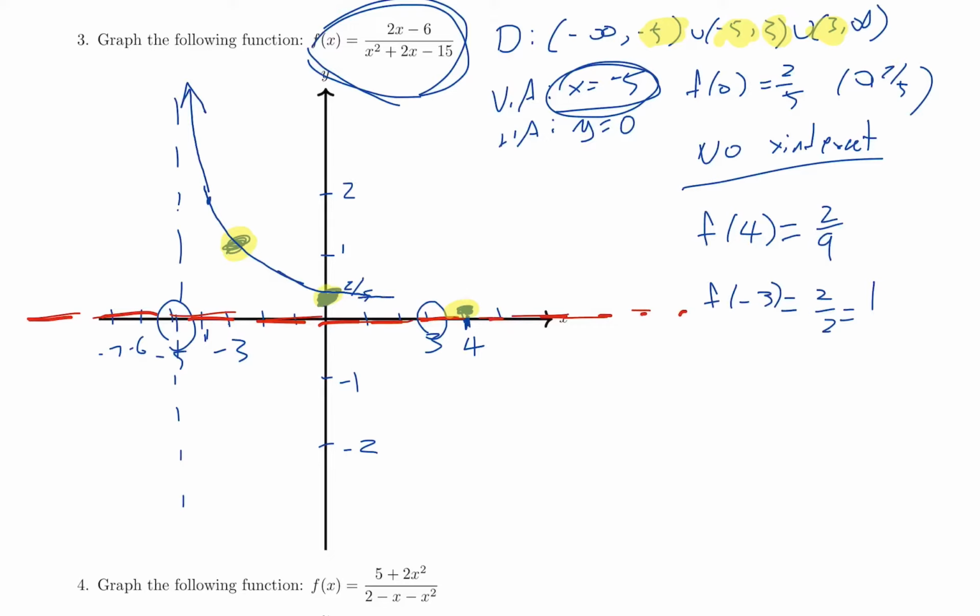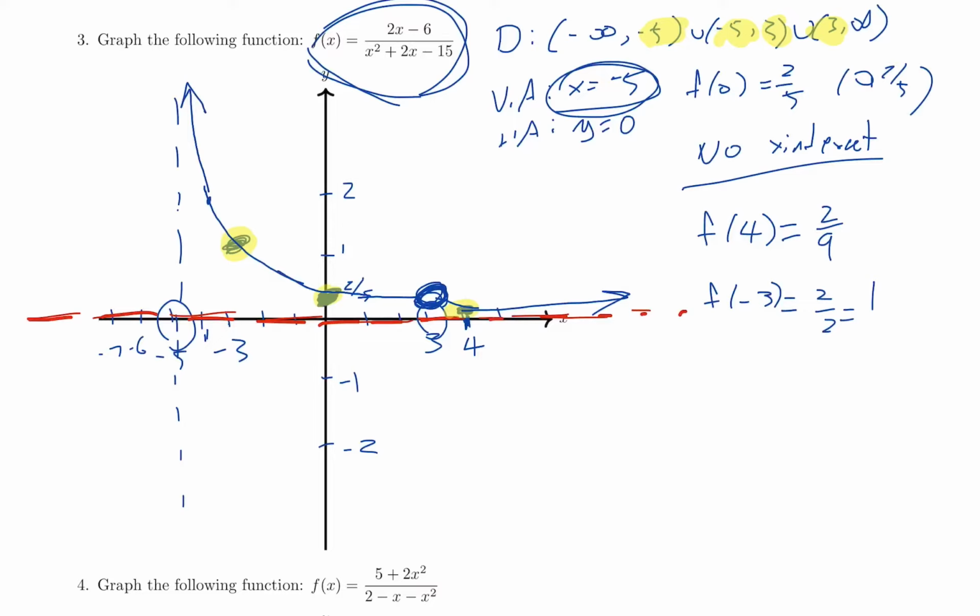Here we must have an open circle, and connect it like this. We must have an open circle around this height to indicate that we do not have a corresponding output. So we just finished one part of the graph.